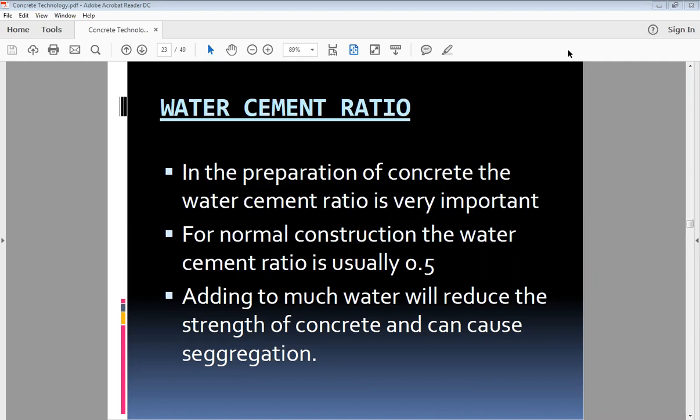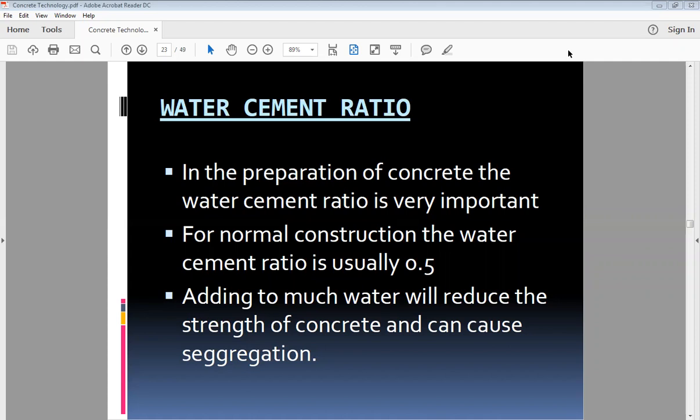It may vary according to different types of construction and different types of structural components. So we have to decide the exact quantity for the water cement ratio. If it is more than the required amount of water, it will reduce the strength of the concrete.